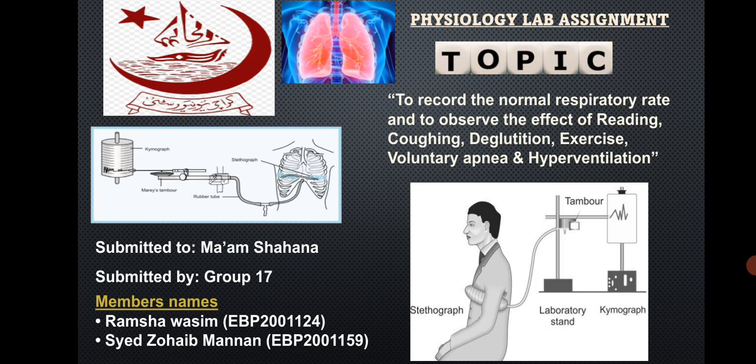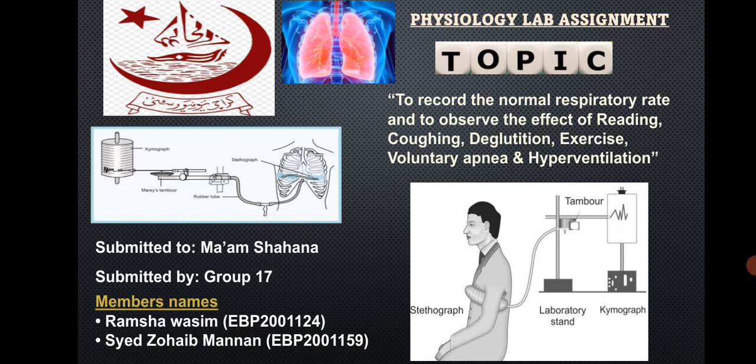But before moving ahead, I would like to discuss these terminologies that are part of my topic so that my topic becomes easier. What is deglutition? It is the process of swallowing. It is a reflex mechanism by which food is pushed from the oral cavity into the esophagus and then the stomach. What is voluntary apnea?